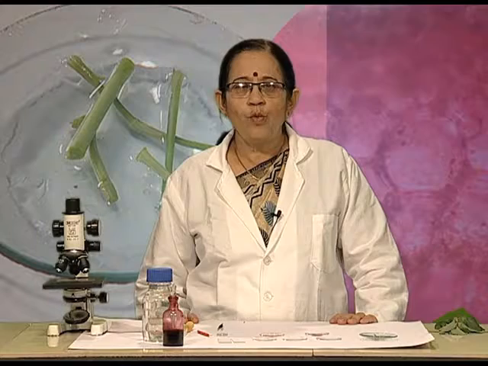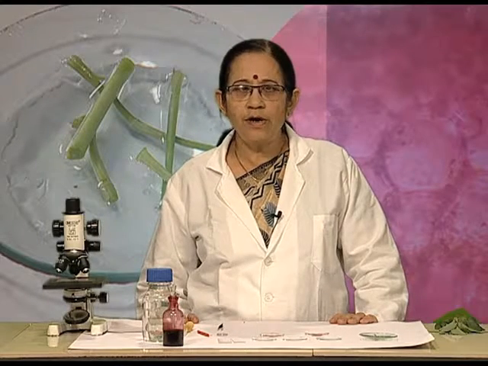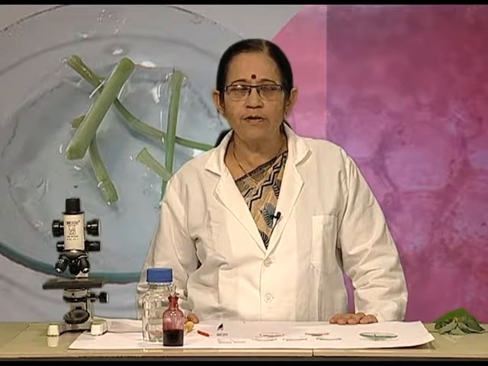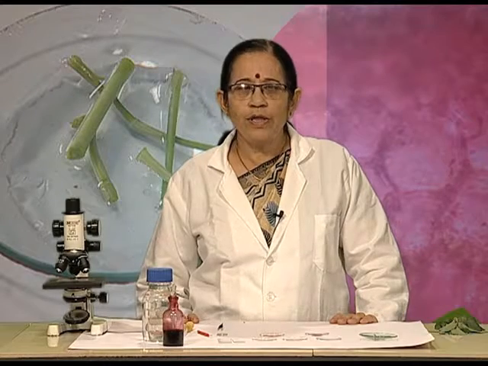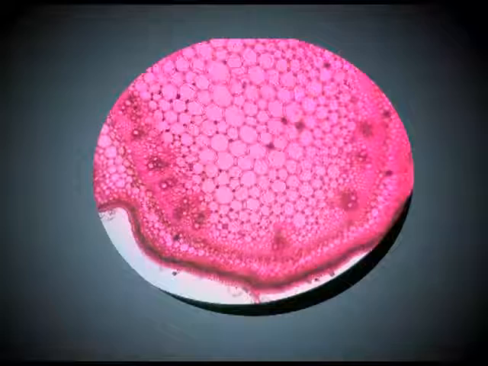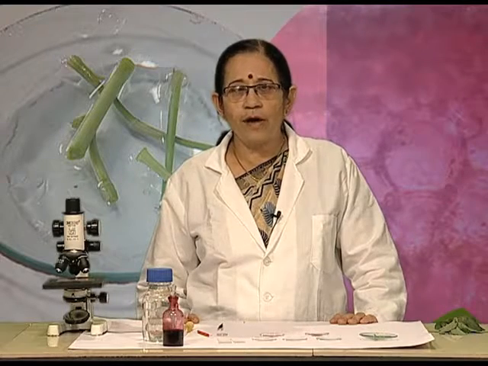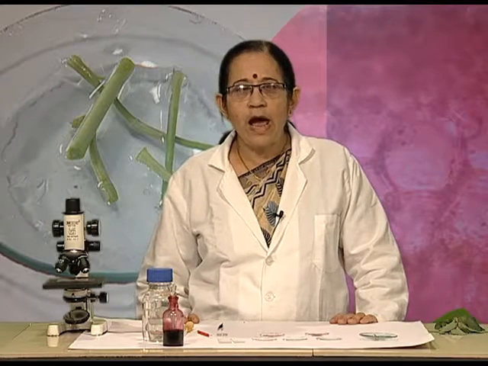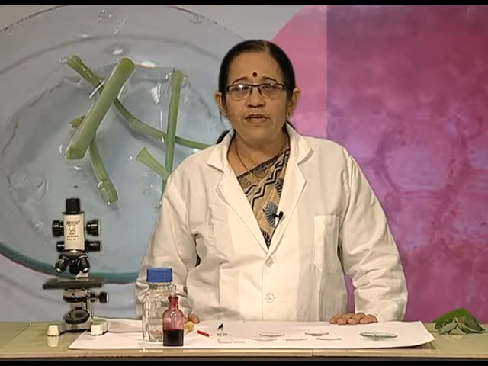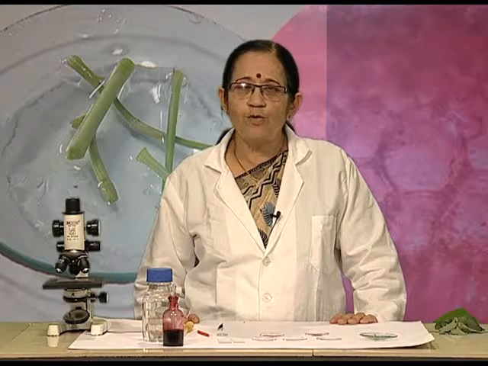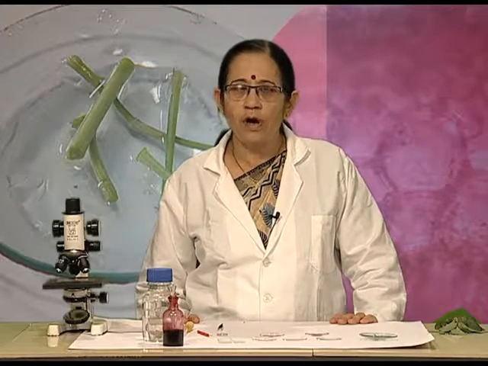Number 2, whether they are loosely arranged or compactly arranged. Number 3, whether they are having large lumen or they are having narrow lumen, whether they are living or they are dead cells, and next is whether they are having circular outline or angular outline.